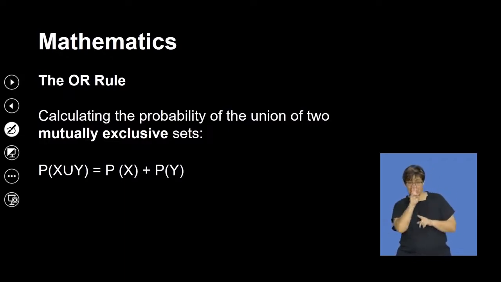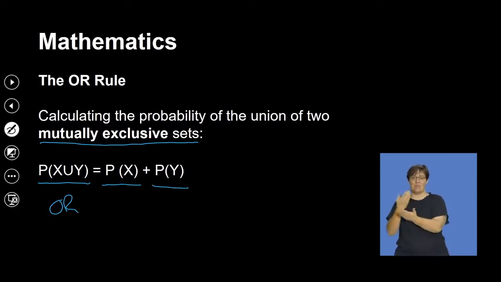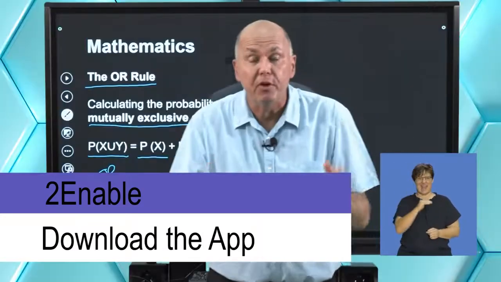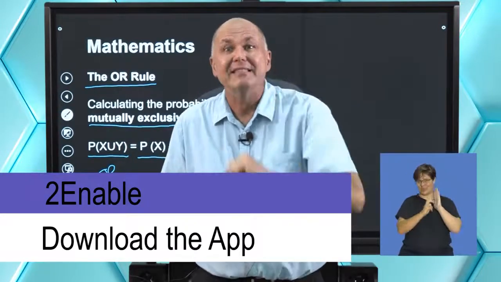And when we calculate the probability for mutually exclusive sets, the probability of X or Y happening is equal to the probability of X plus the probability of Y. We call this the OR rule. And I think that's enough of rules for the moment. We're going to investigate some more rules, but I think it's time to take a short break.